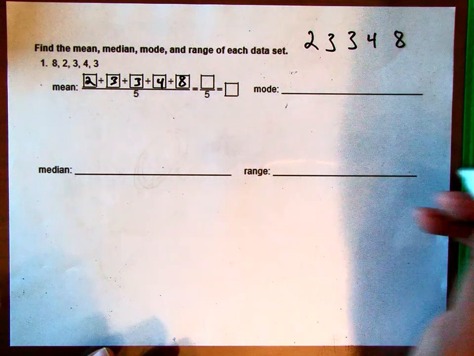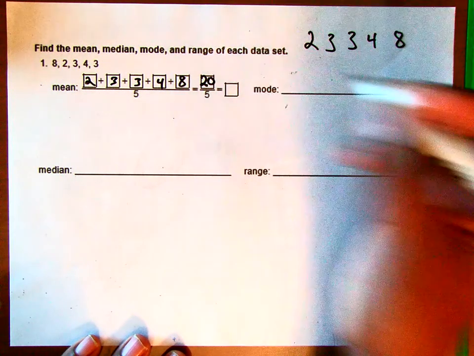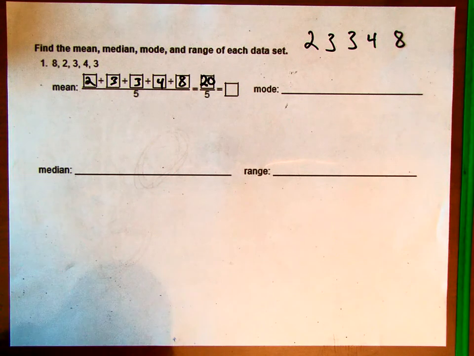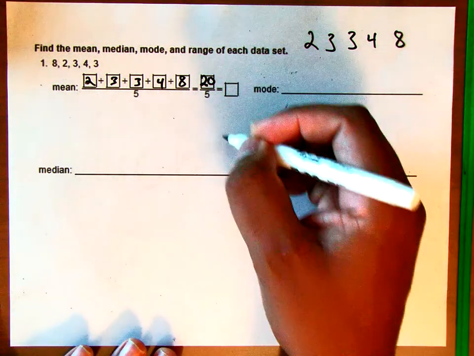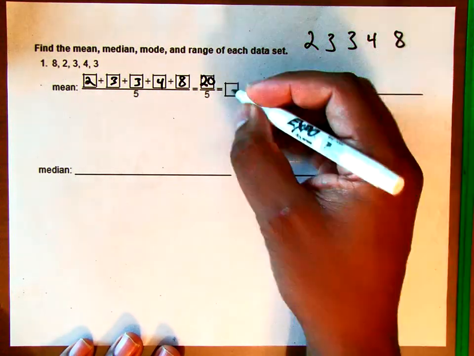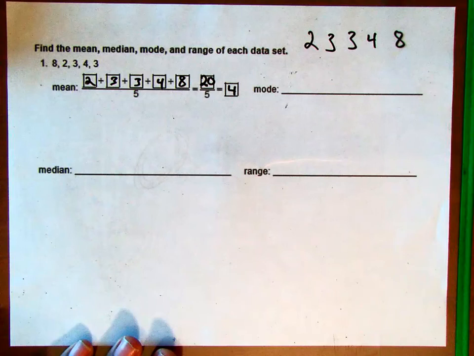And when you add them up, you should get 20. All right, and then when you divide by 5 here, you'll end up with 4. So your mean is 4.